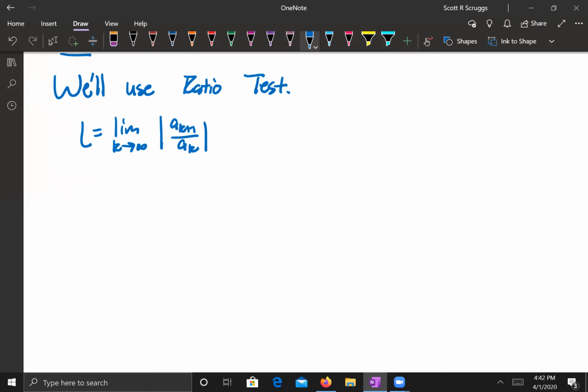All right, Unique got his answer. Anyone else? And also note that I'm using k, but my series is n.